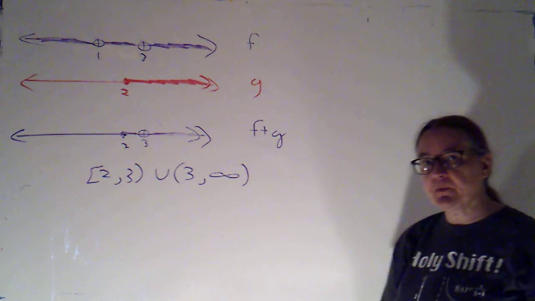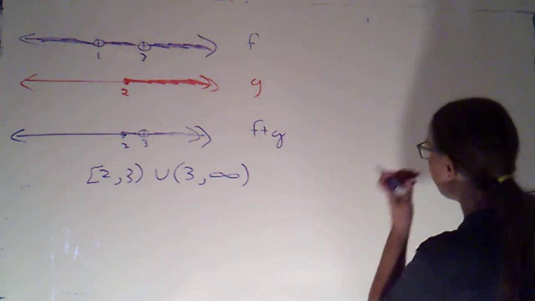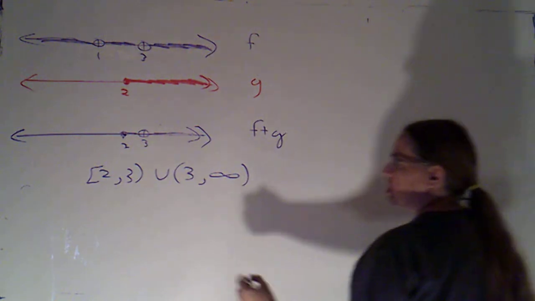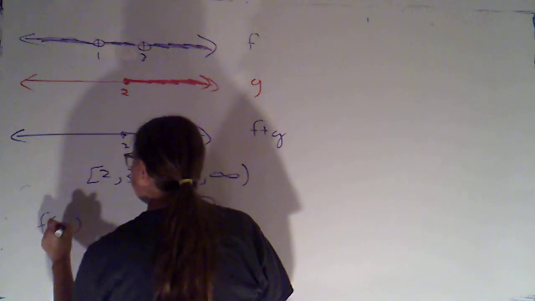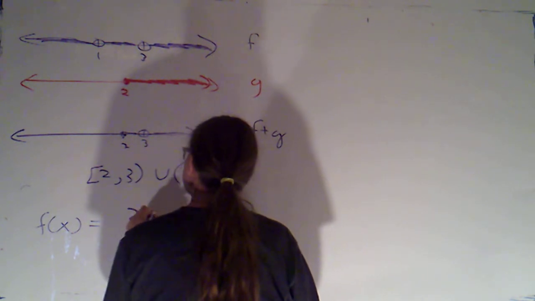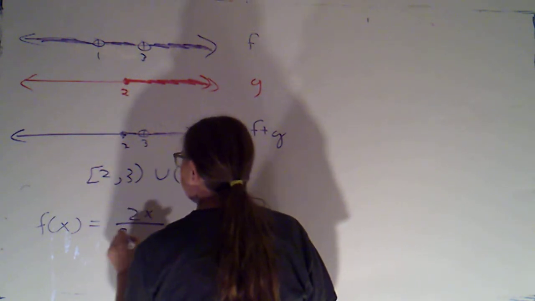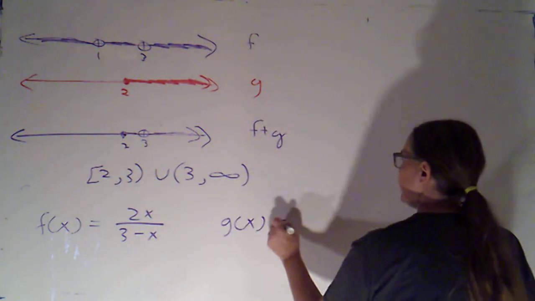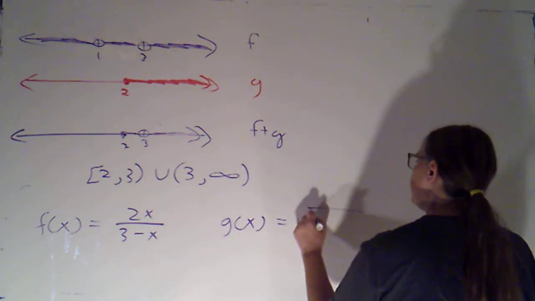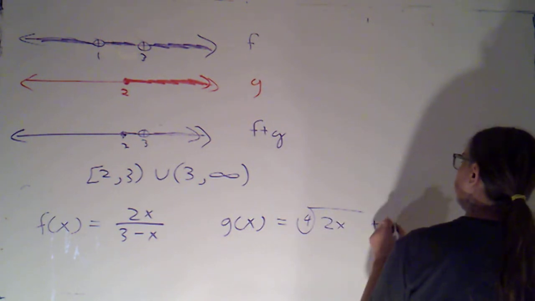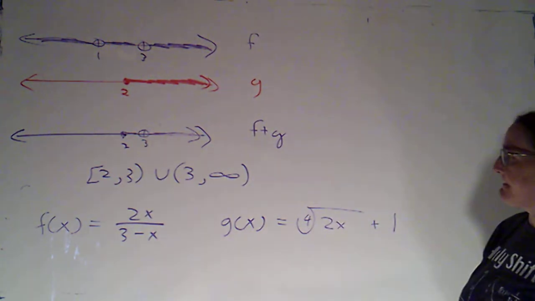I'm going to give you a problem to try before we start the next video. Let's get a new f and g. Let's let f of x equal 2x over 3 minus x. And let's let g of x equal the 4th root of 2x plus 1.